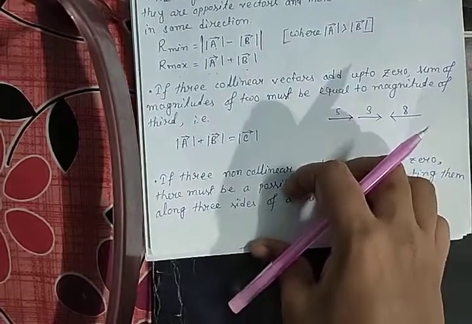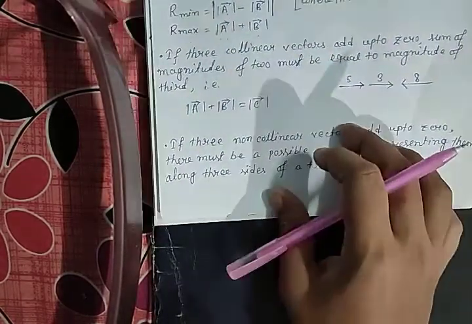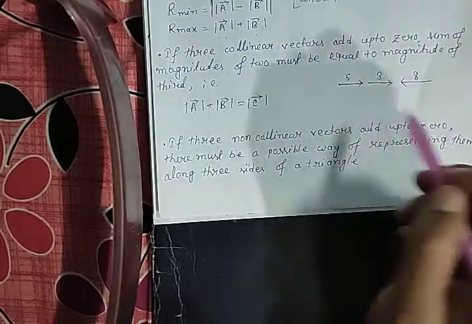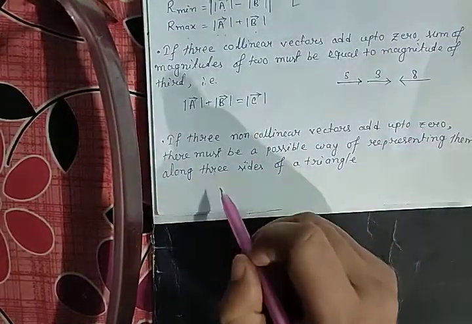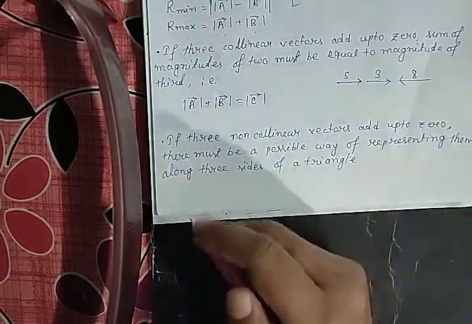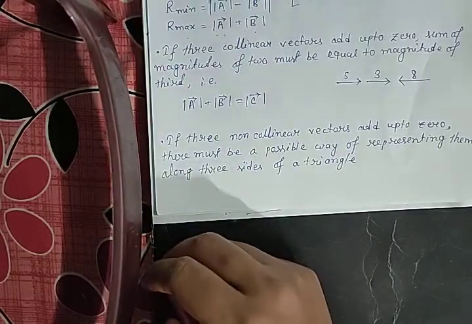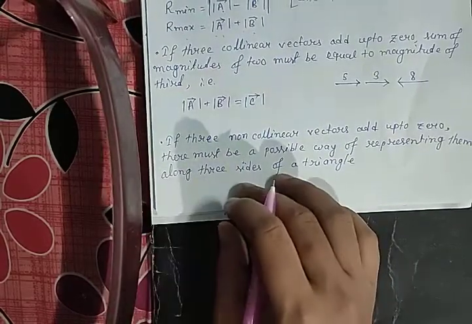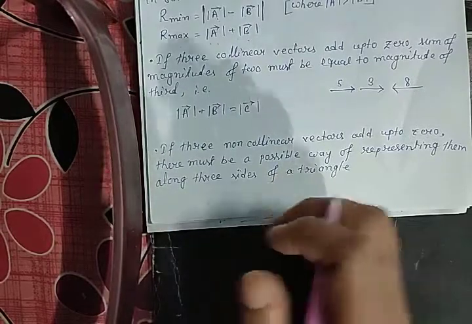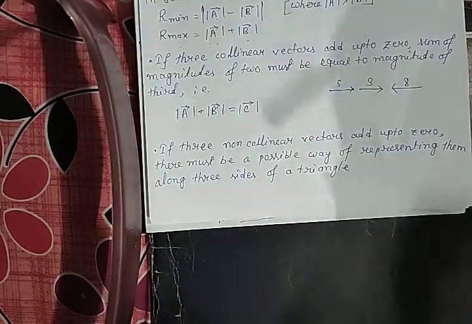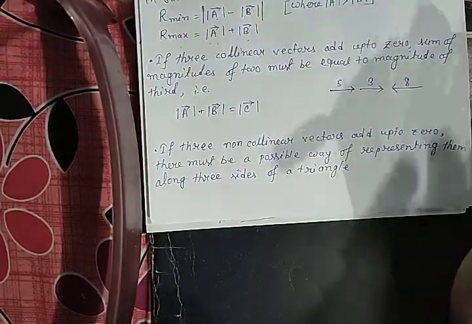If you have three non-collinear vectors, meaning vectors which are not in the same line, there must be a possible way of representing them along the three sides of a triangle. If you cannot represent them in a triangular shape, then their addition is not 0.